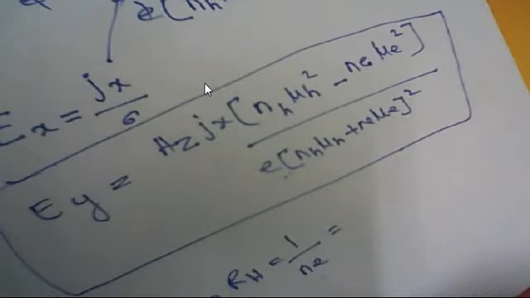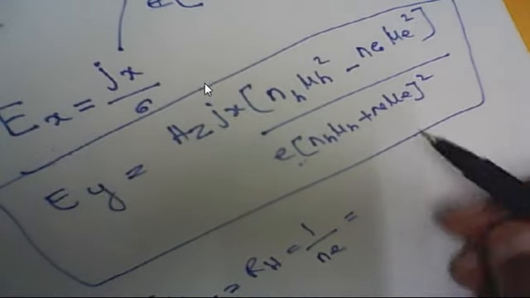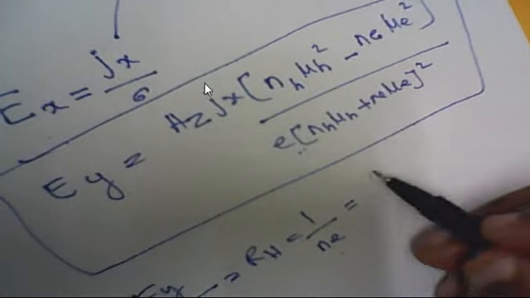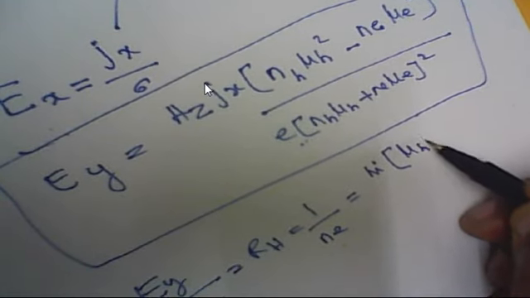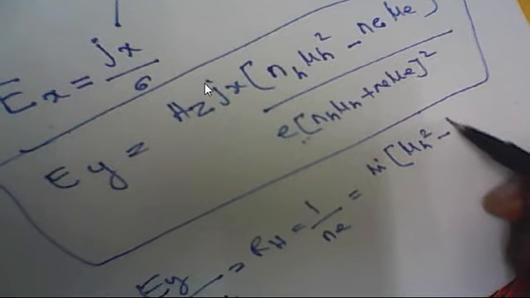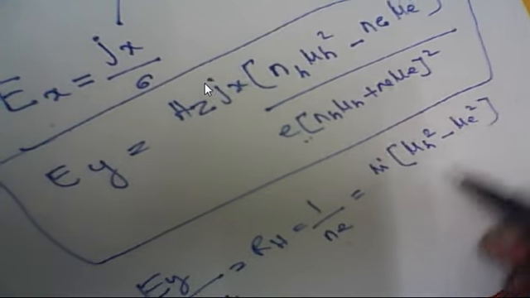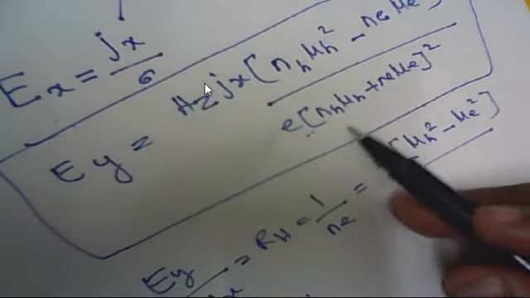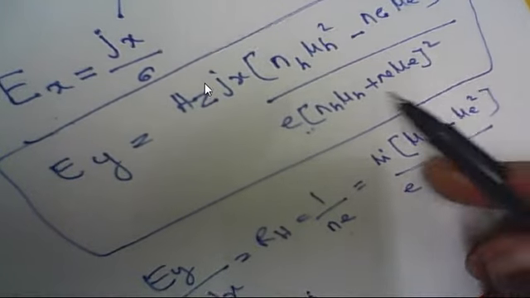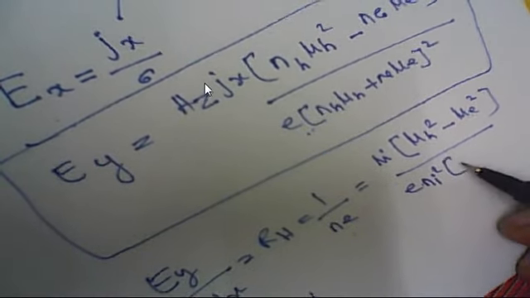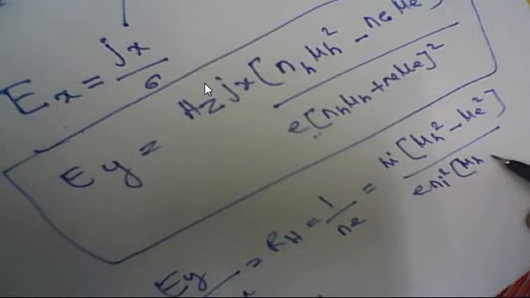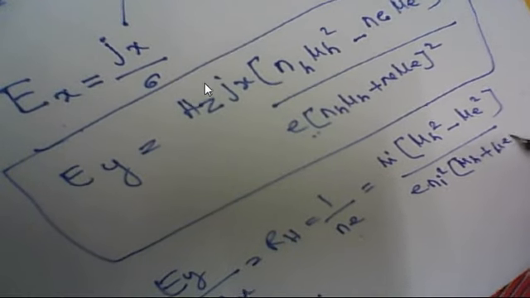So Ni can be taken outside. We have the term (μ_H² minus μ_e²) divided by e Ni² (μ_H plus μ_e) whole square.